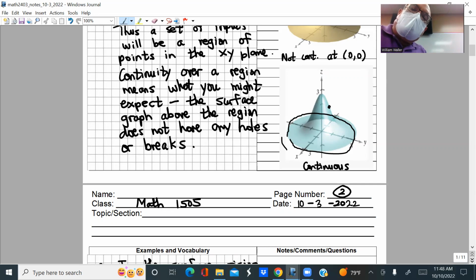So if I ask you, if you're going in this direction, is the surface rising or falling? And you would say, obviously, it's rising.